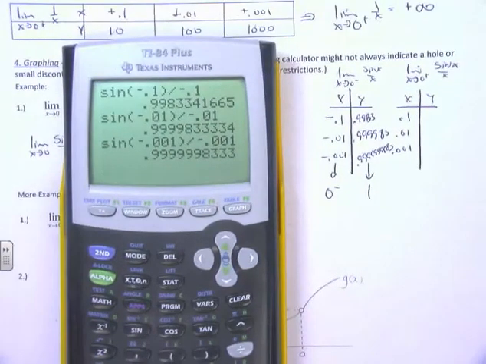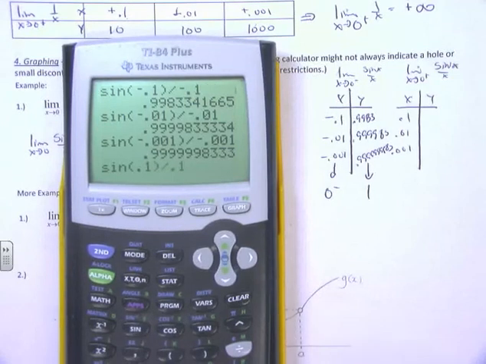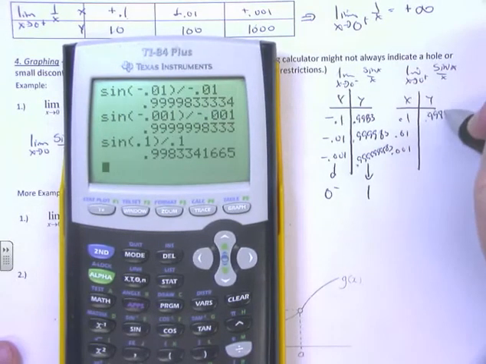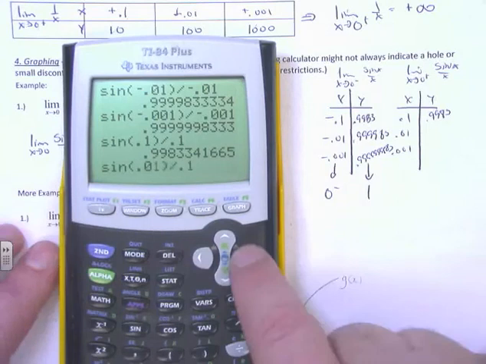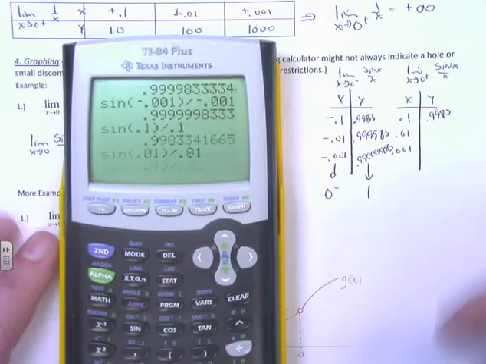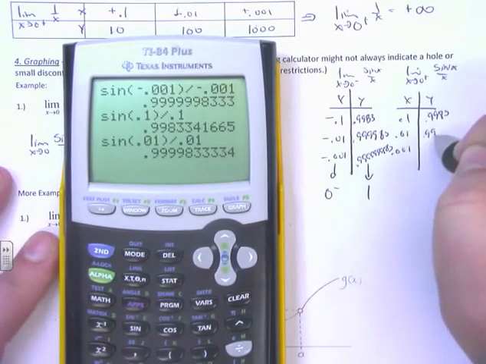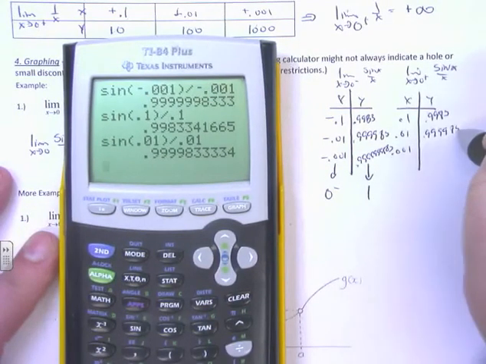Now if I plug in positive 0.1, the sine of 0.1 divided by 0.1 is 0.9983. The sine of 0.01 divided by 0.01 is 0.99983.